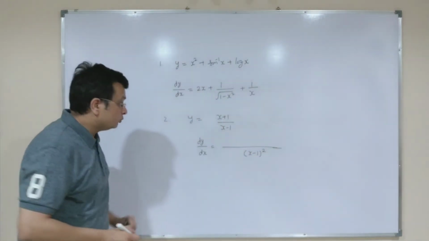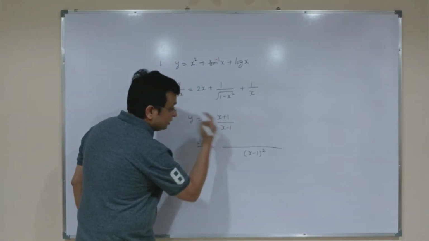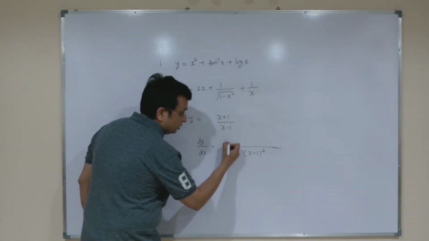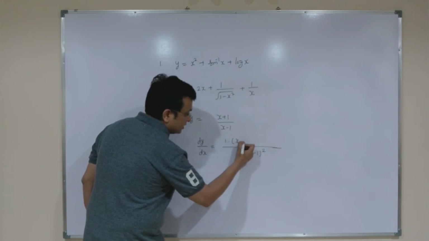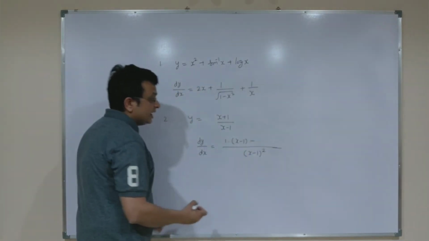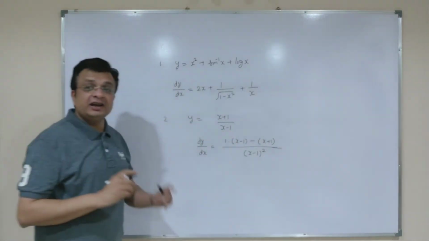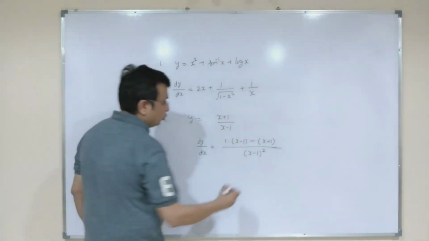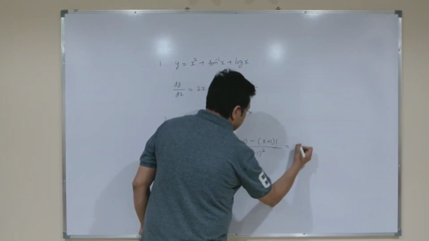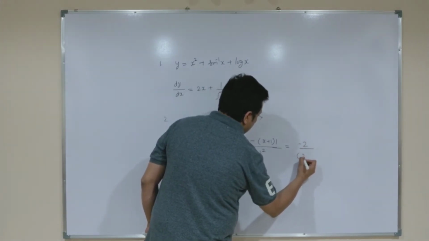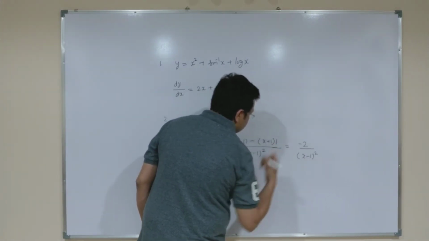In the numerator I differentiate x plus 1, that is 1, into x minus 1 as it is, minus x plus 1 as it is. Now here I differentiate x minus 1, that is 1.